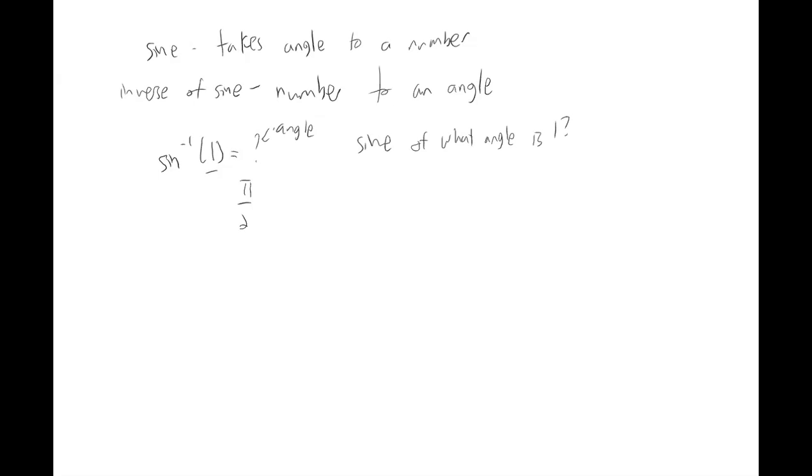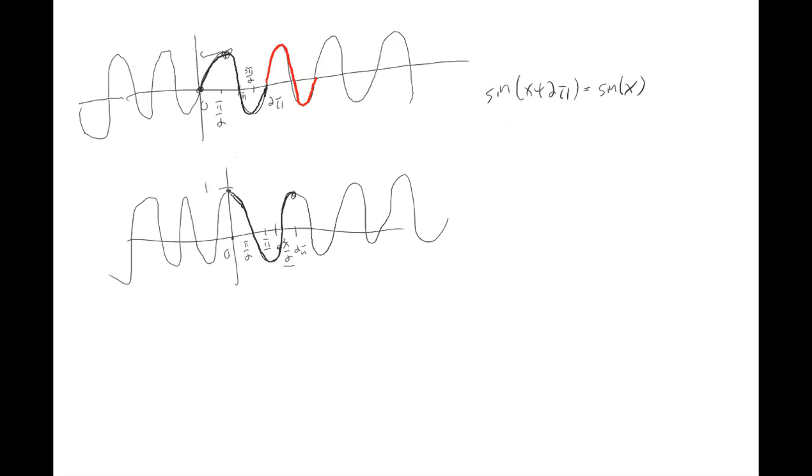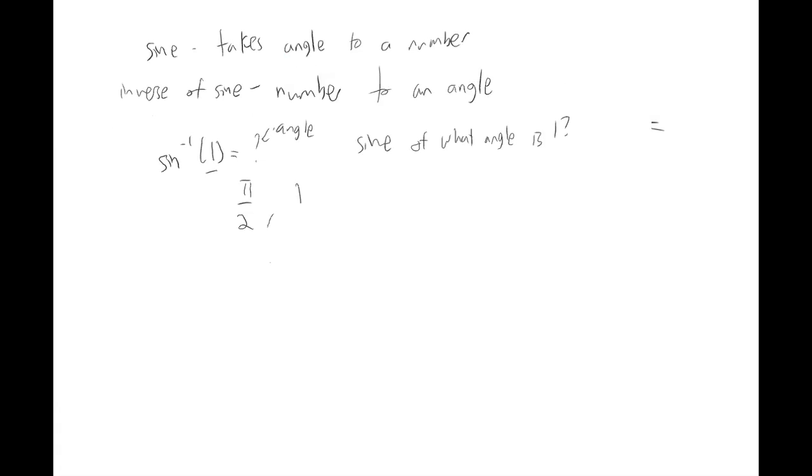But now you sort of see why we needed that interval. Because a priori, from this rule, sine is 2 pi periodic. So not only pi over 2, but 2 pi plus pi over 2 is also 1, and 4 pi plus pi over 2 is also 1. Every 2 pi, like a wave, it hits 1 infinitely many times.